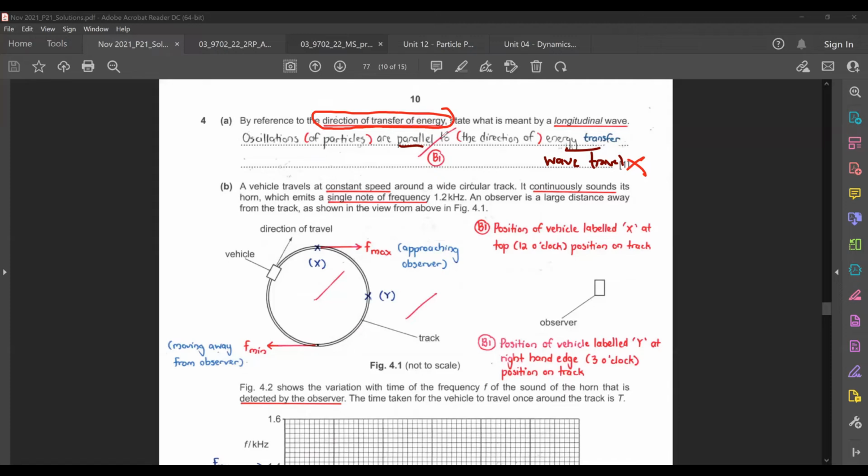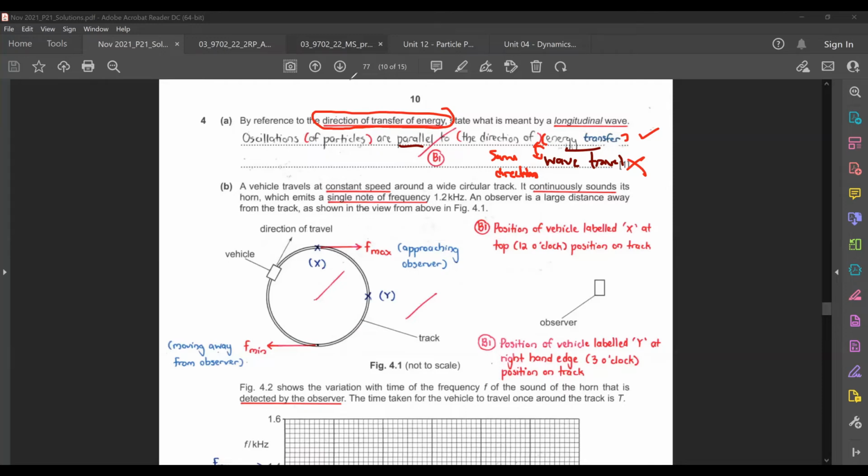So you instead say parallel to energy transfer. Energy transfer and wave travel is the same direction. So if you see a wave traveling to one particular direction, energy transfer is also to that particular direction.